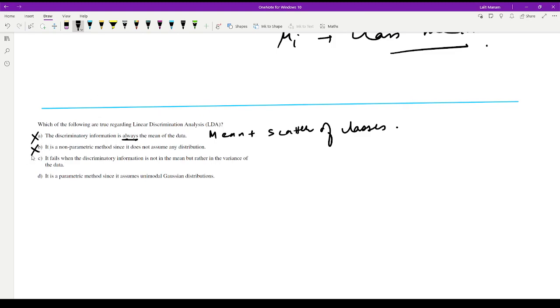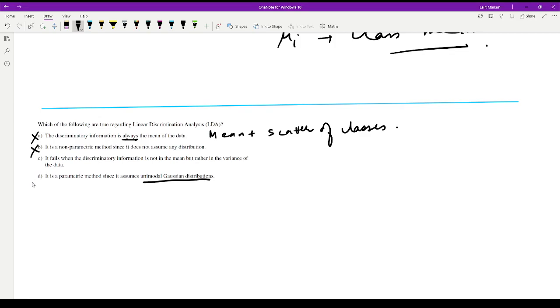So is it non-parametric? No, it is parametric since we are using mean and variance. And it does not assume any distribution? No, it implicitly assumes a unimodal distribution. Unimodal in the sense that for each class there is a single Gaussian, which defines the mean of that specific class and the covariance of that specific class.